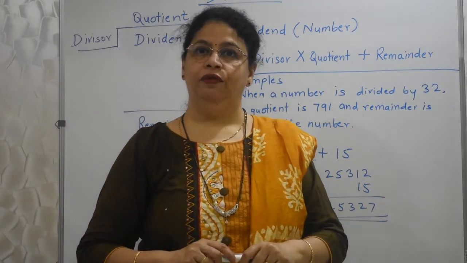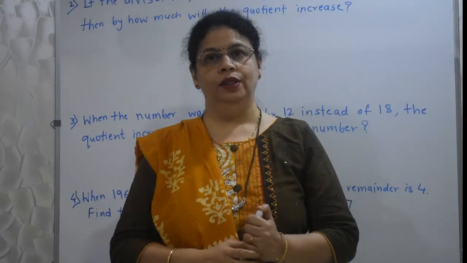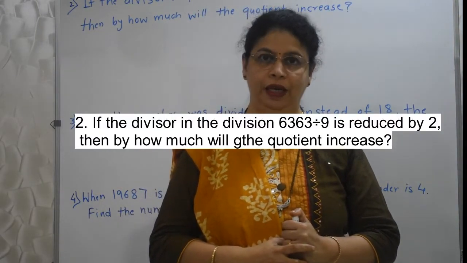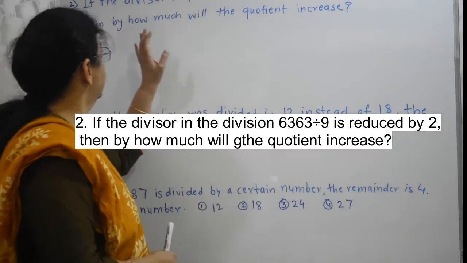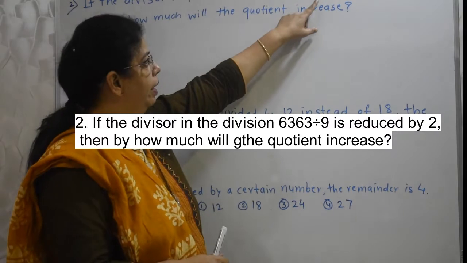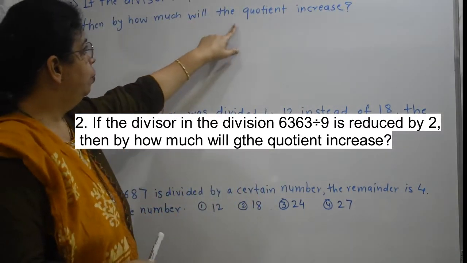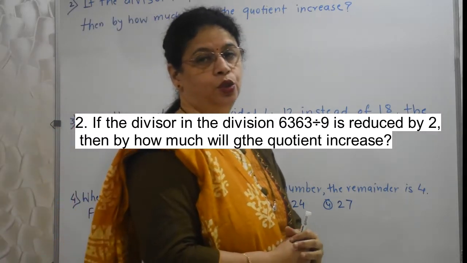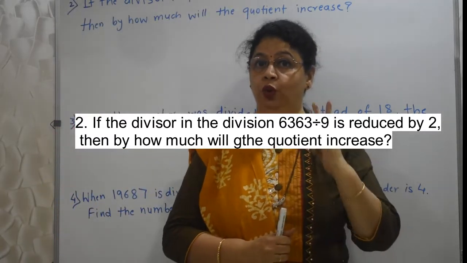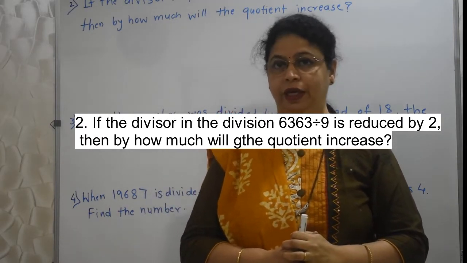Students, let's take a few more important sums. Let's begin with a few more examples. If the divisor in the division 63 divided by 9 is reduced by 2, then by how much will the quotient increase? Students, two consecutive years, the same type of question was asked in the main examination.